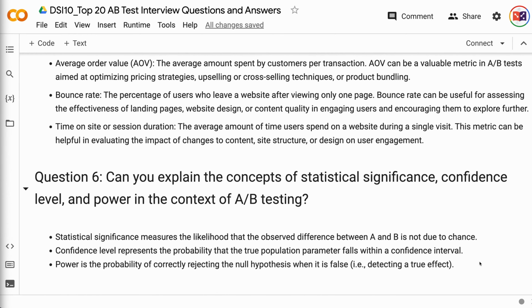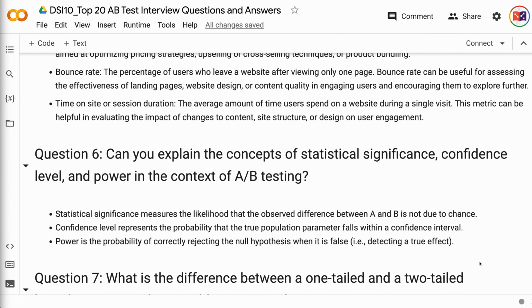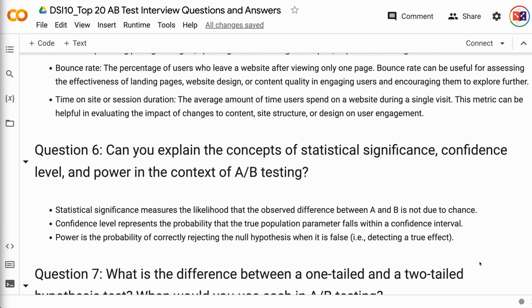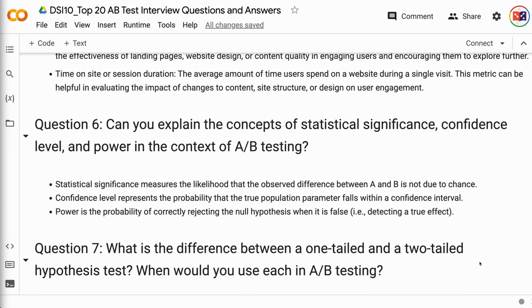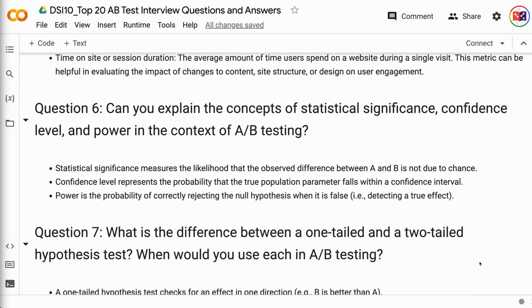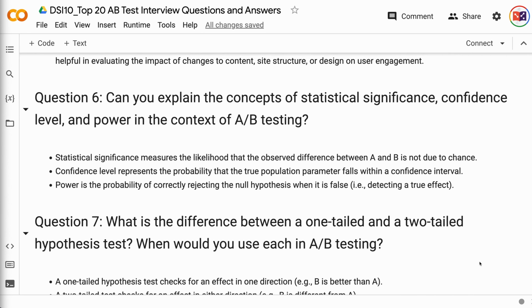Time on site or session duration, the average amount of time users spend on a website during a single visit. This metric can be helpful in evaluating the impact of changes to content, site structure, or design on user engagement.